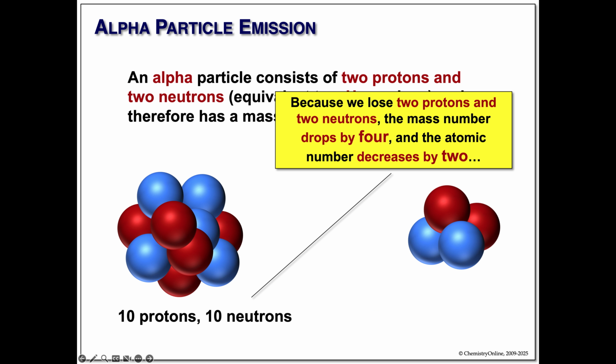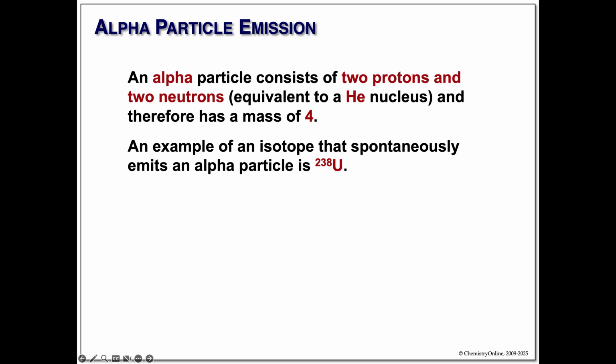Now note, when we did that, we started off with 12 and 12. When we lost this, we lost 2 neutrons and 2 protons. So that means the atomic number will decrease by 2, and the mass number will decrease by 4, for whatever nuclei we start with. An example, uranium-238, which we just had in the little jar, can lose an alpha particle.